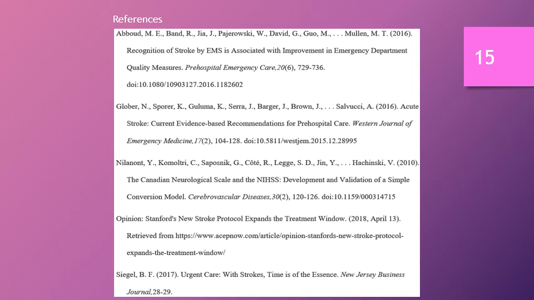I have a friend that works in some of the Banner hospitals down in Phoenix, which is the big hospital system they run down there, who gave me their stroke protocols. I also talked to Flagstaff and had a friend in the education department that sent me over the protocols. So I got to compare and contrast the different protocols the different hospitals use. The Joint Commission has really good information on their website.